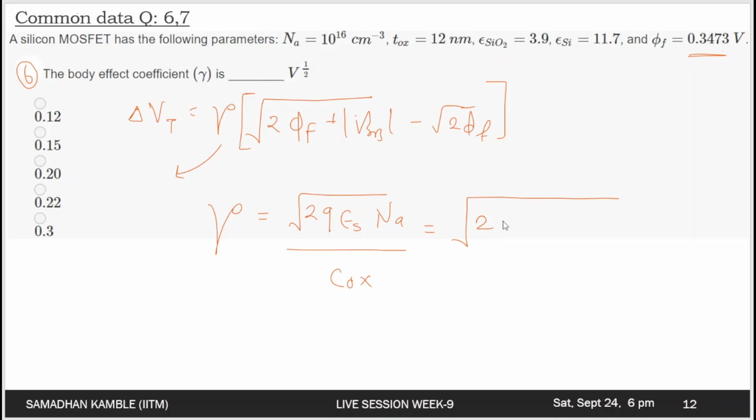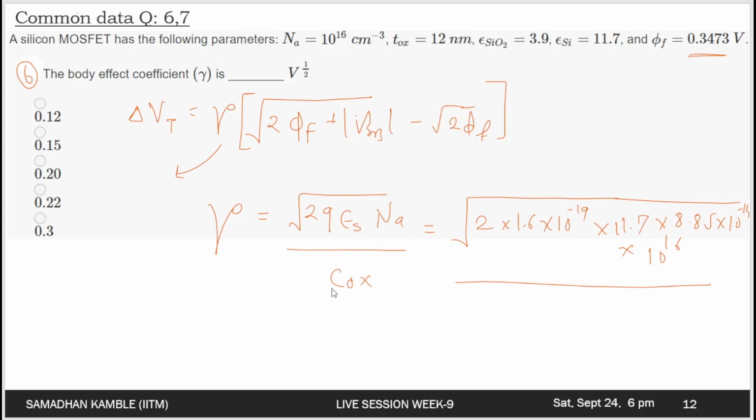So 2 times the electronic charge, that is 2 times 1.6 times 10 to the power minus 19 coulomb, times the permittivity, that is 11.7 into 8.85 into 10 to the power minus 14, times 10 to the power 16, which is Na, and divided by the oxide capacitance.